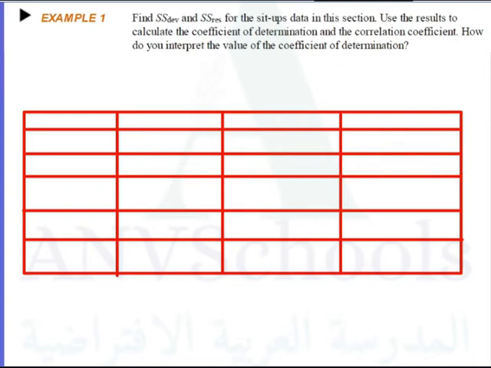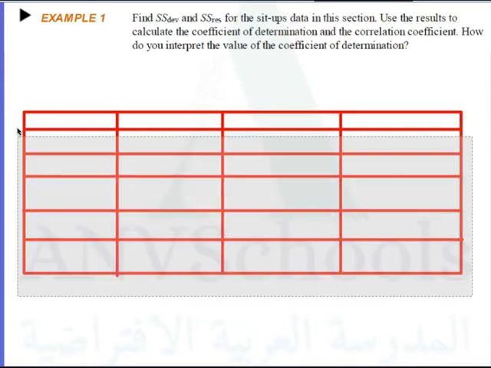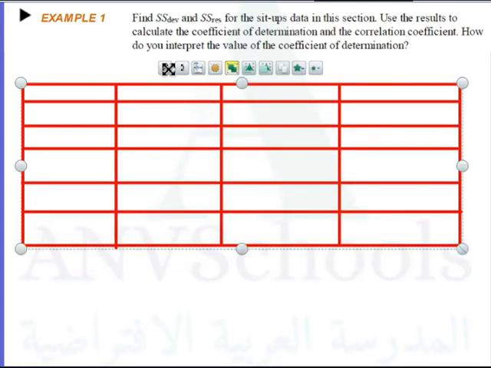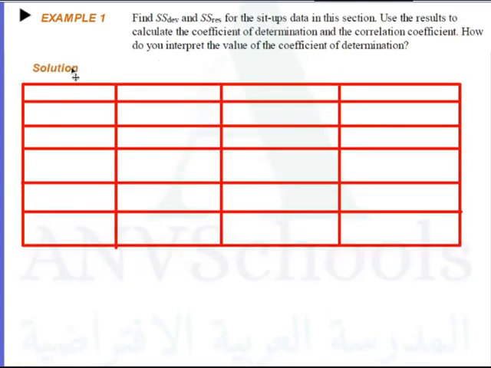Example number 1. Find SS dev and SS res for the setups data in this section. Use the results to calculate the coefficient of determination and the correlation coefficient. How do you interpret the data for the coefficient of determination? Of course, we are going to go back to the original data.